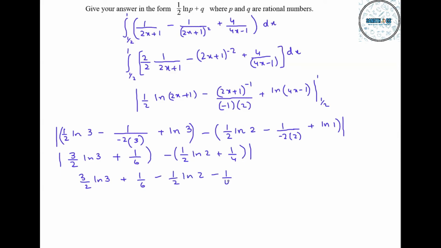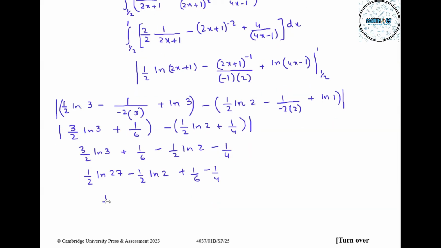1 upon 4. We can write it as 1 upon 2 ln 3 will become the power of this, so it will become 27. 3 cube is 27. We can write minus 1 upon 2 ln 2 here, and then plus 1 upon 6 minus 1 upon 4. We will take 1 upon 2 common. So it will be ln 27 minus ln 2.